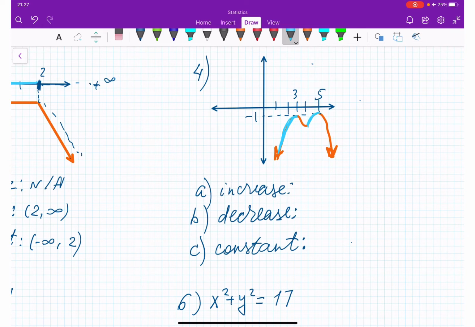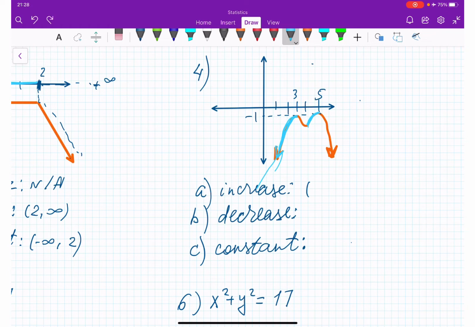Correct? So let's write down. So it's increasing from where? Because the arrow is infinity, it's going from negative infinity, because once it runs to infinity, it's going to continue this arrow and go, right?